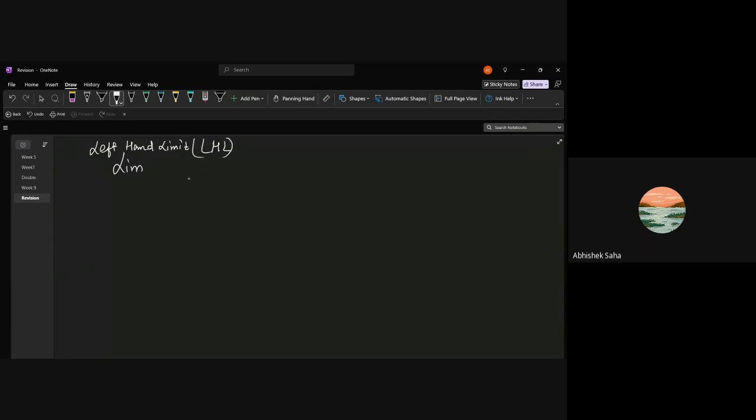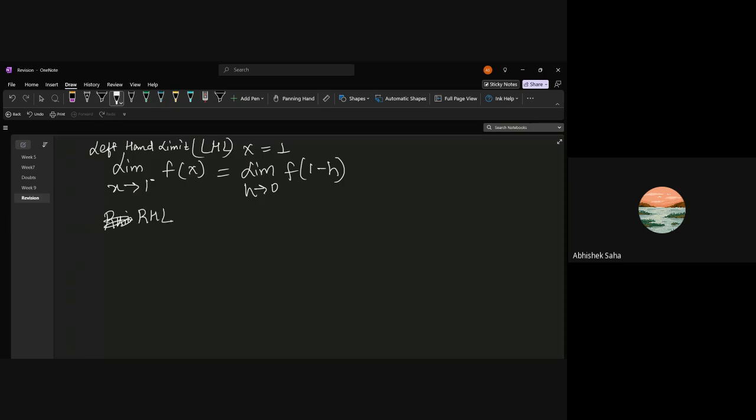If someone asks you to find a limit at some value, suppose x equal to 1, what will be the left hand limit? You have to take a number which is less than 1 and put it in x. Or there is another way we can write: limit h tends to 0 f of 1 minus h, because I have removed some value. And what is right hand limit?